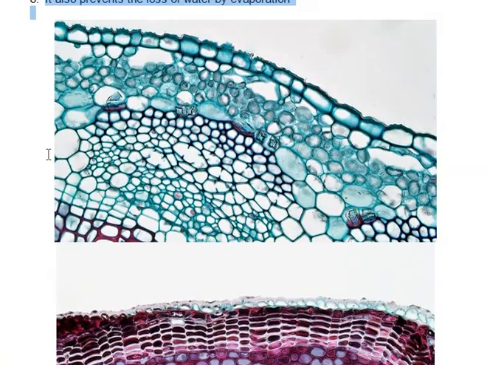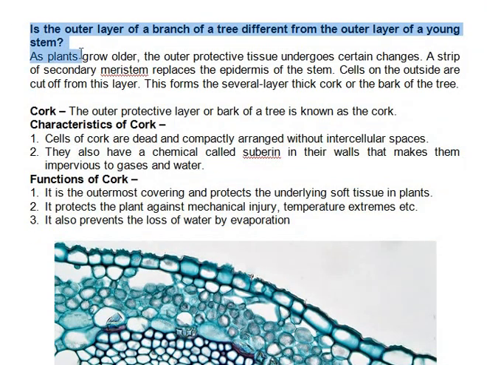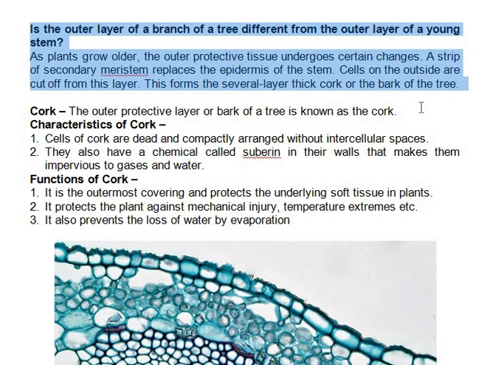There is one particular question related to this: is the outer layer of a branch of a tree different from the outer layer of a young stem? For that you will write down the answer that in the young stem epidermis is there, but once the stem gets older, the epidermis gets ruptured due to the lateral growth and it is replaced by a multi-layered dead structure which we call cork.